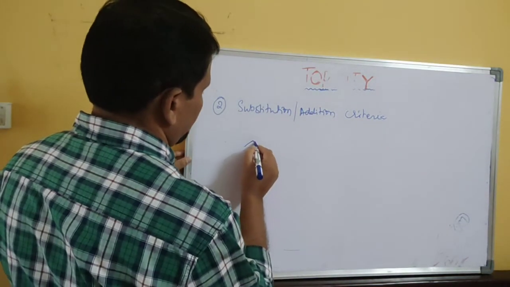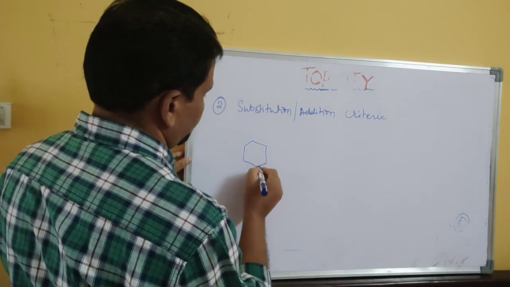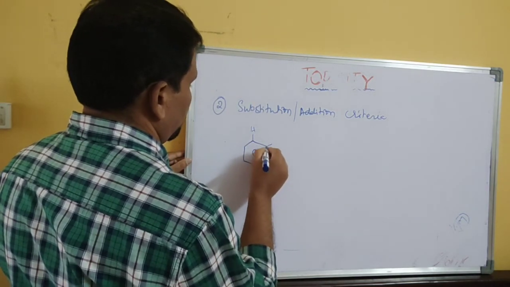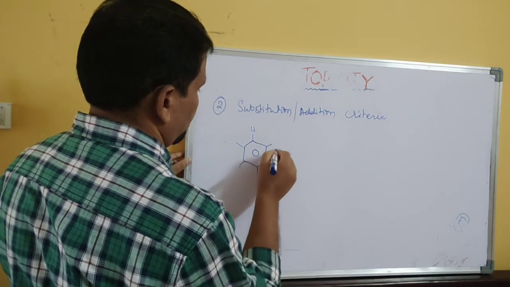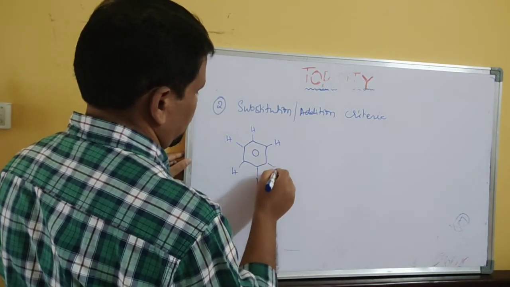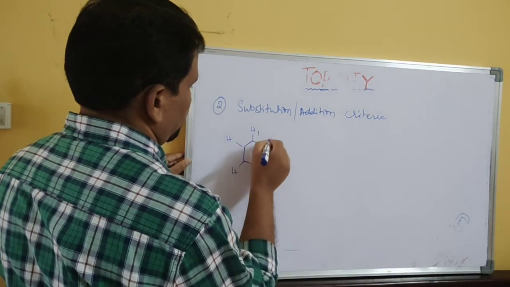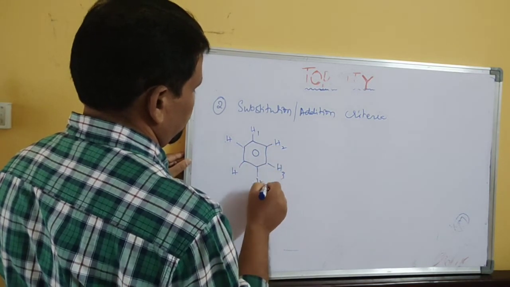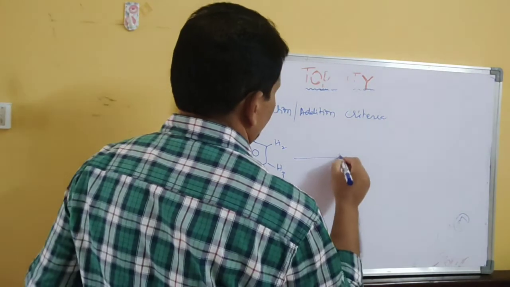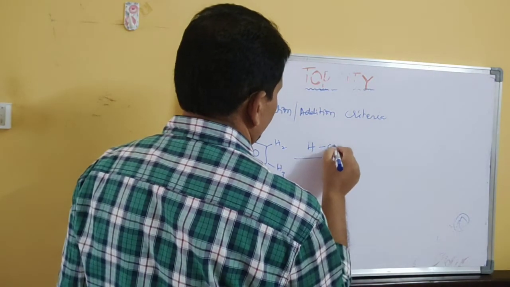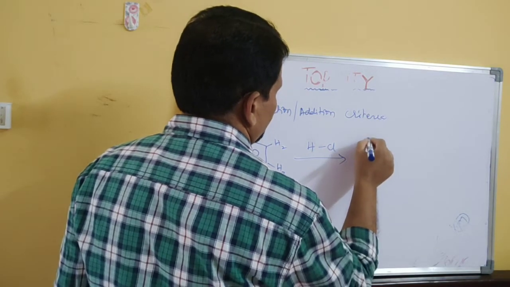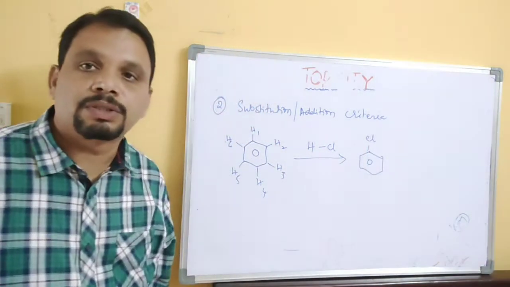Suppose you take the benzene molecule, one, two, three, four, five, six. If you replace hydrogen with chlorine, in all six cases you will get chlorobenzene, the same compound.